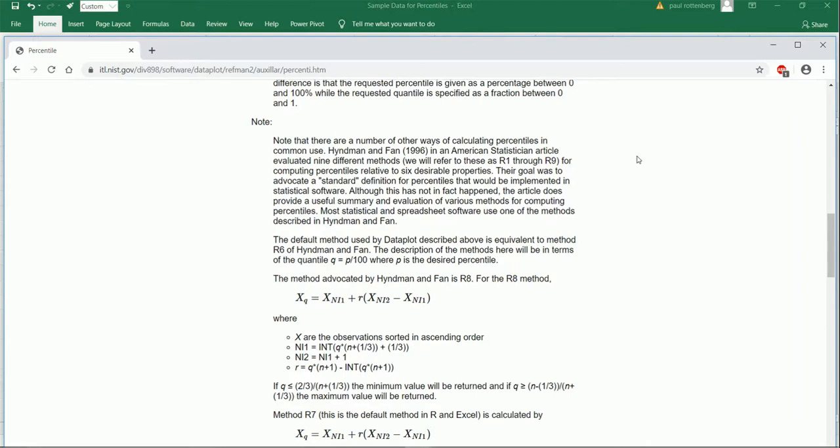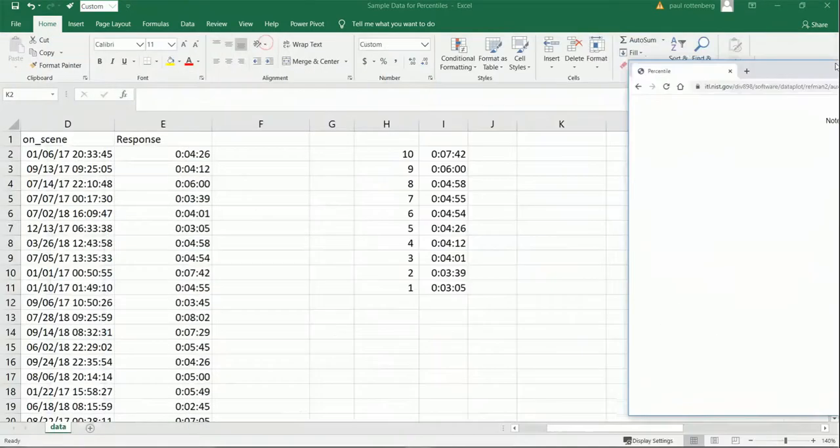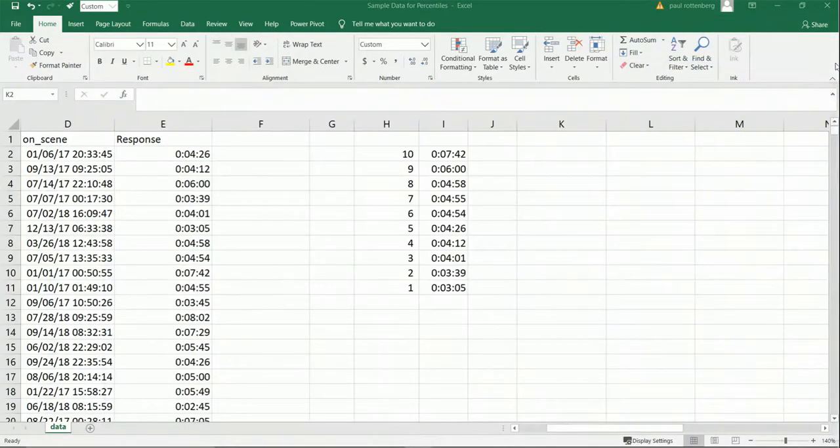And then down below, there's some discussion of that. So NIST is saying there's 9 different ways of doing it. Wikipedia says there's 8 different ways of doing it, and the College Board is explaining one way of doing it. But the first methods that Wikipedia and NIST describe would yield, in this data set, a 90th percentile of 742, whereas the College Board would yield a 90th percentile of 6 minutes. So that's a little bit confusing. Which one do we choose, and how do we choose it?